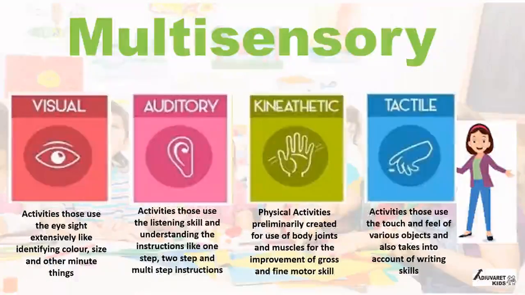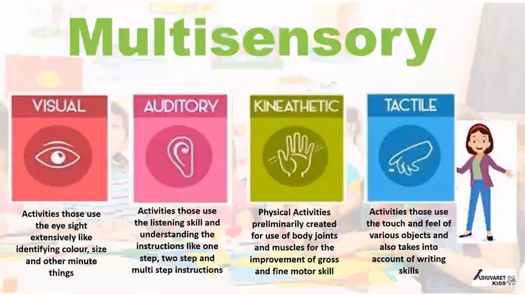And finally, the fourth component of the multisensory approach, where we can use this VAKT as one of the mechanisms of the multisensory learning process, is the tactile. So tactile basically is the touch of various objects and making meaning out of that.